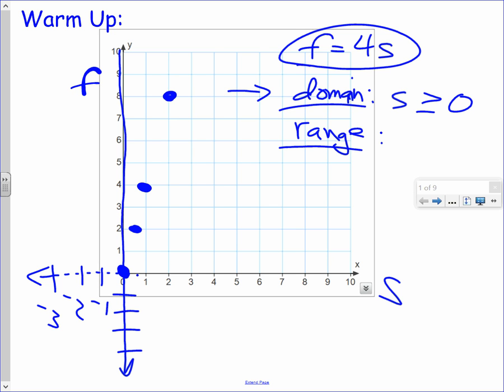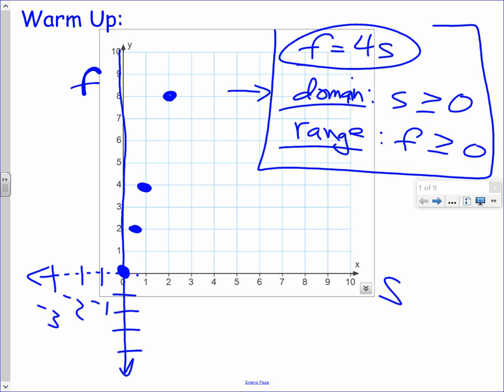So for the range, look at the f-axis. Feet can only be what? Right, same thing. Look at this, it fully describes the thug running away.